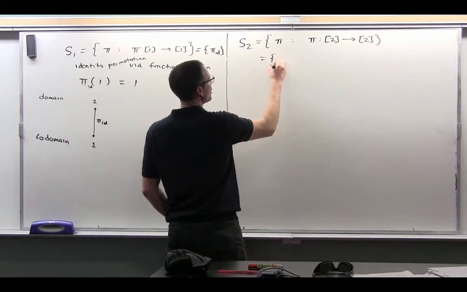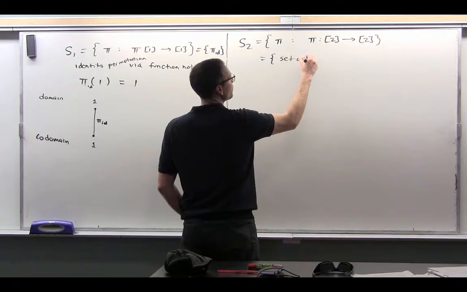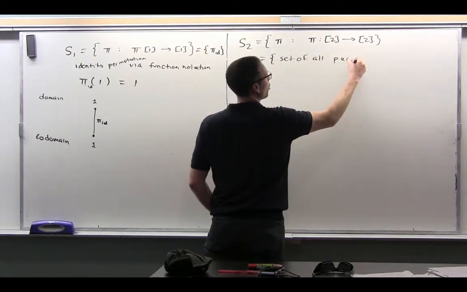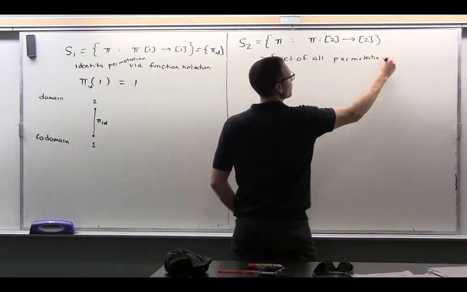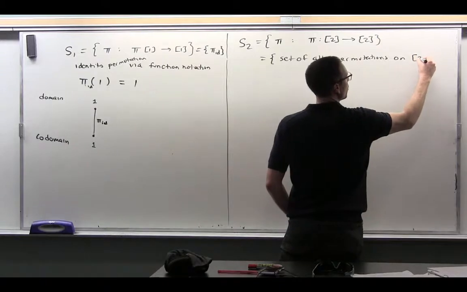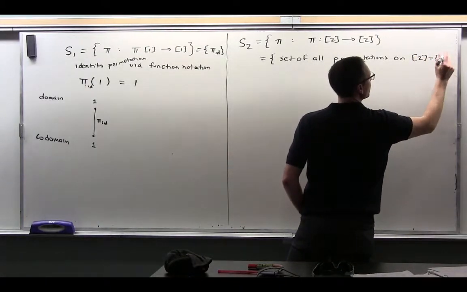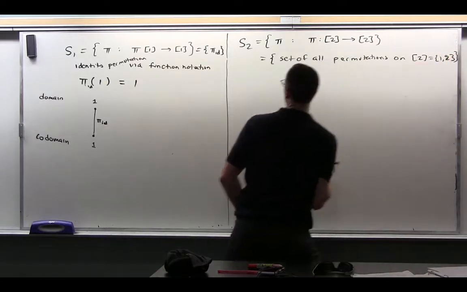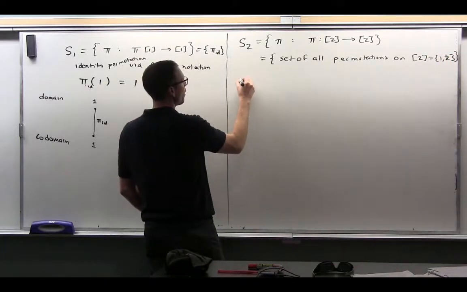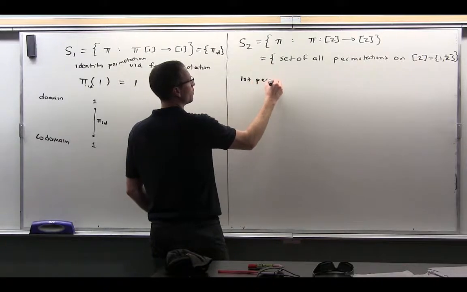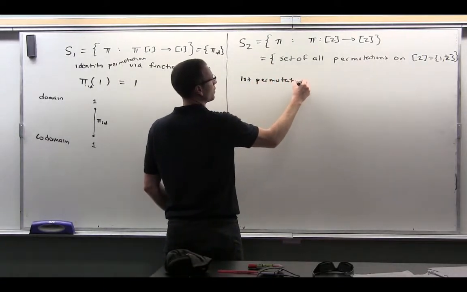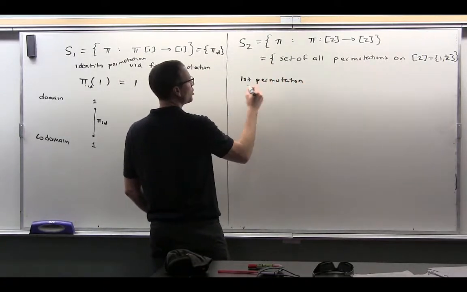And I should actually say this, the set of all permutations on 2, which is the set 1, 2. Okay, so here we go. Let's do the first permutation. And let's do function notation first.